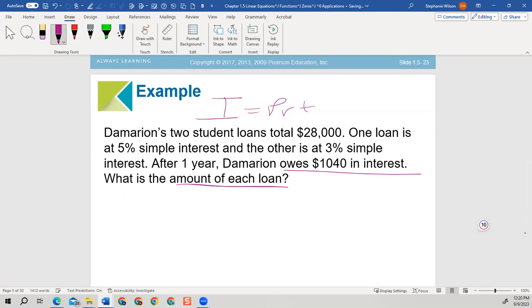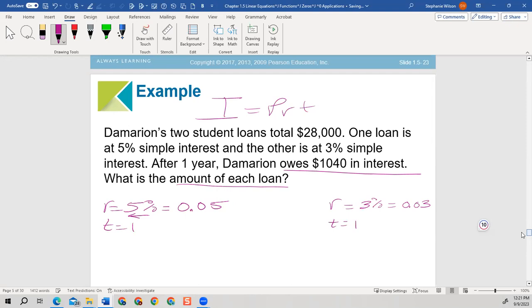Okay. So we know that R for the first one is 5%, which, if we divide by 100 or move the decimal 2 places, we get 0.05. The second one, R is equal to 3%, which is 0.03. We know that T is equal to 1. And I wanted to look at one thing because it said that the student loan was 28.